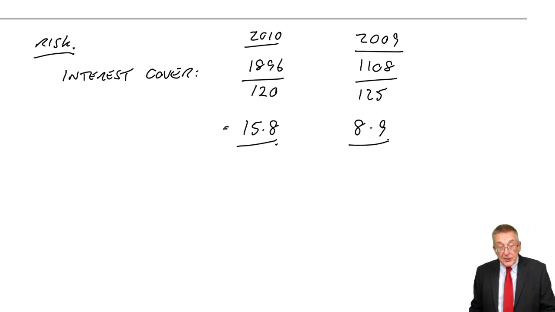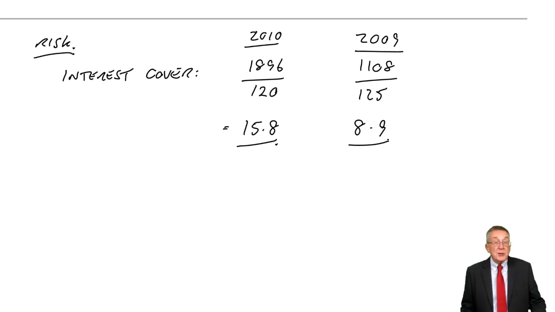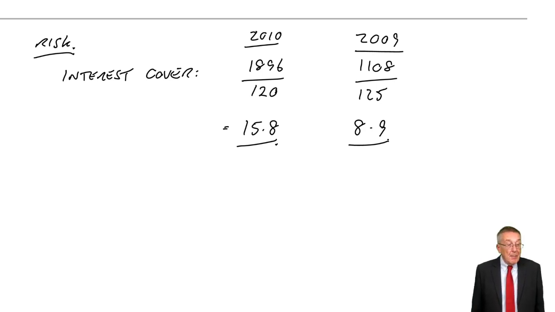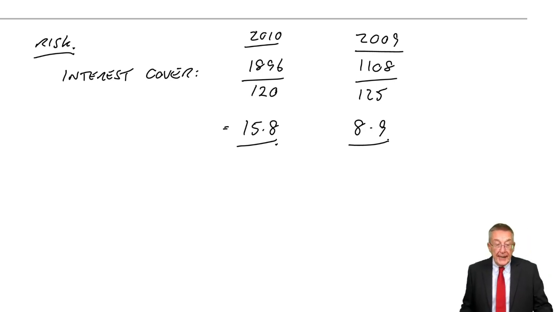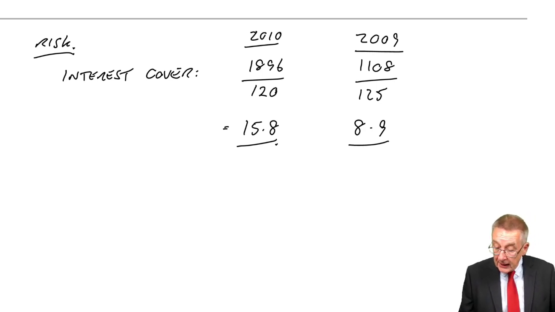Well, that's caused by the interest. What we're looking at is the interest that we're paying. And why are we paying interest? It's because we're borrowing money. These non-current liabilities, these loans that we've got. And so there are two other ways we can look at the amount of borrowing in the company. And they're both very similar.